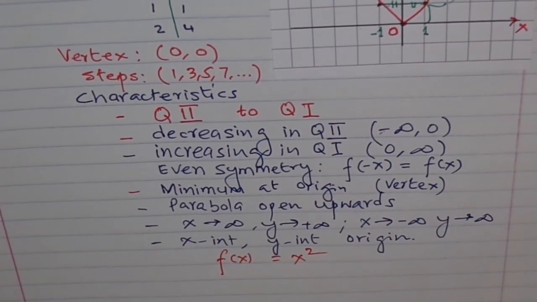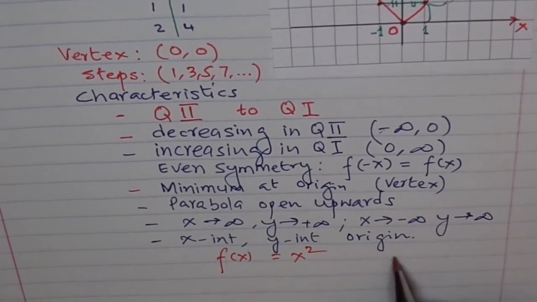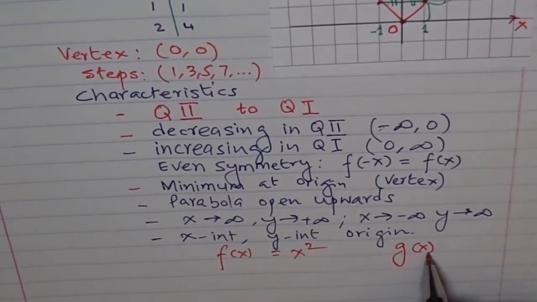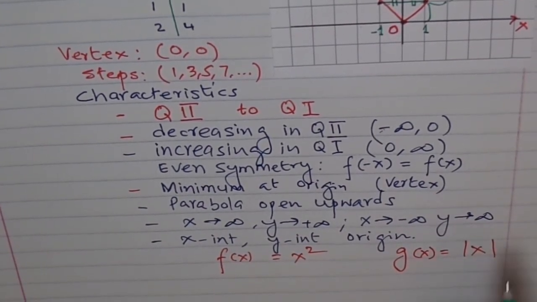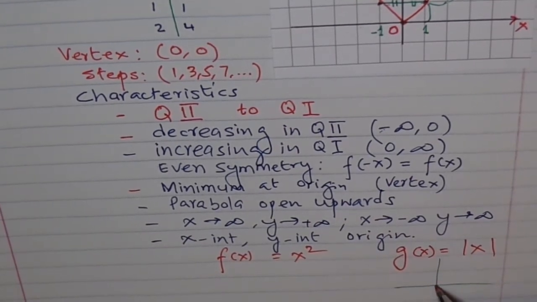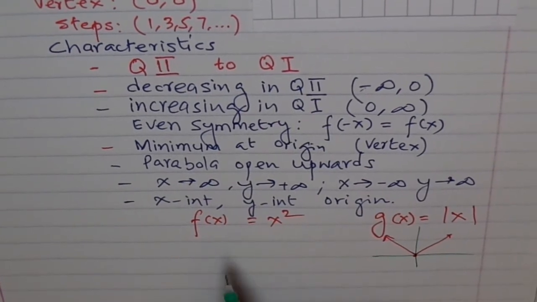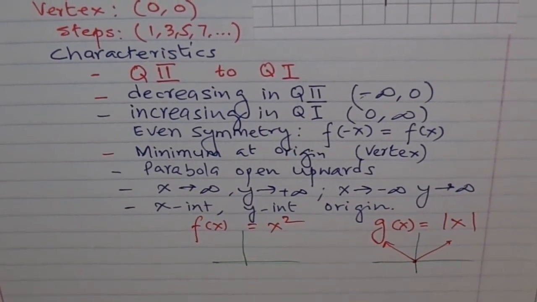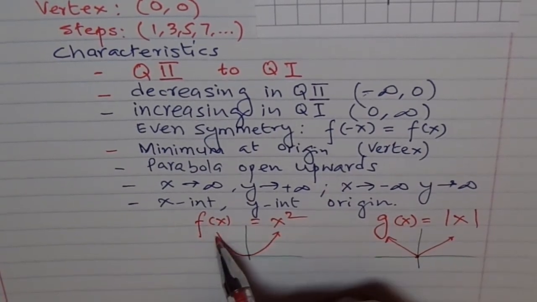Now, this is very similar to the absolute function. Do you remember the absolute function? g(x) equals absolute x. Just to recall, absolute x looks like this, and square root function looks like this.